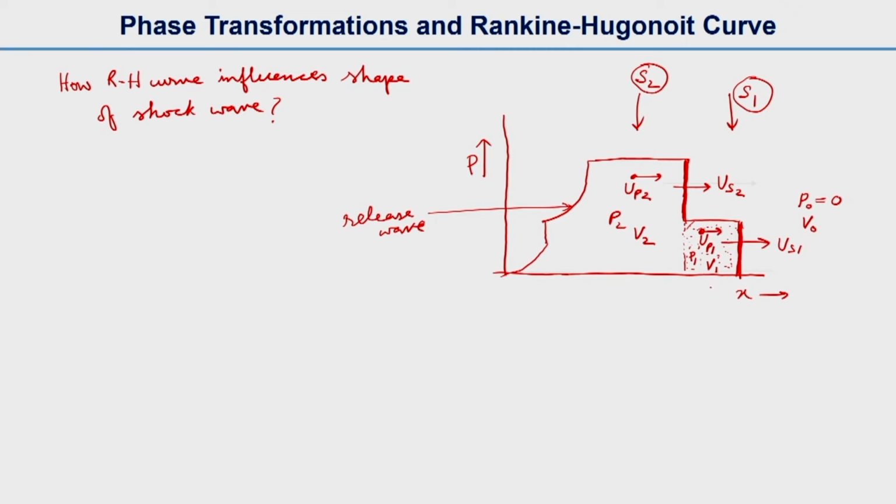So for the first shock wave, the relative velocity with respect to the material of this part will be us1 minus up1.